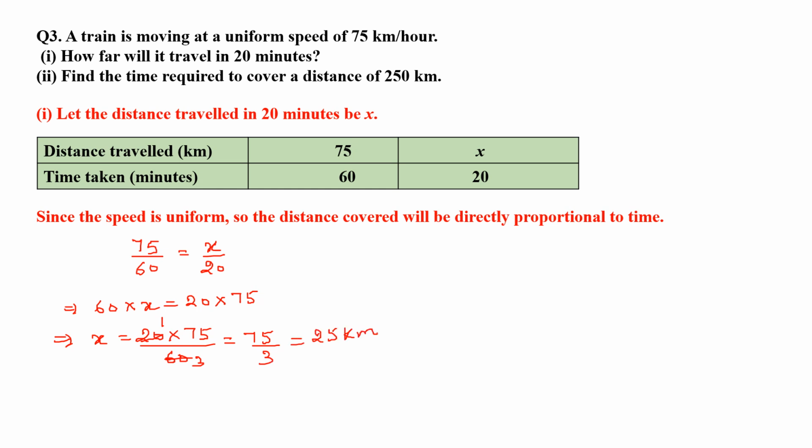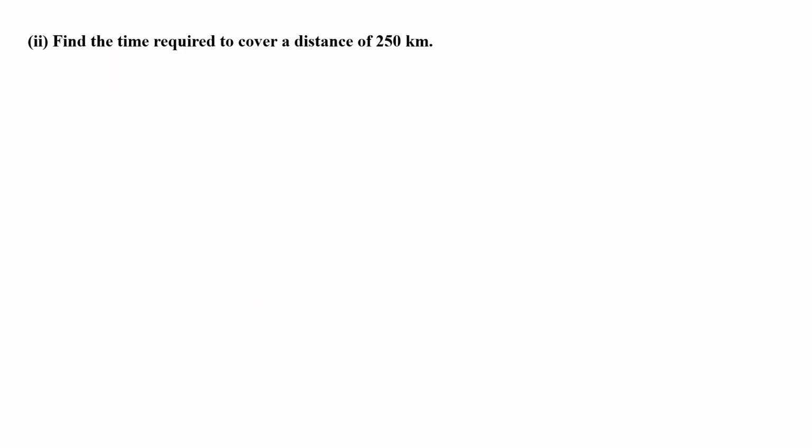Okay. So we can say that the train will cover a distance of 25 kilometer in 20 minutes. Now let's see the second part. In the second part it says find the time required to cover a distance of 250 km, and already we know that the speed of the train is 75 km per hour.